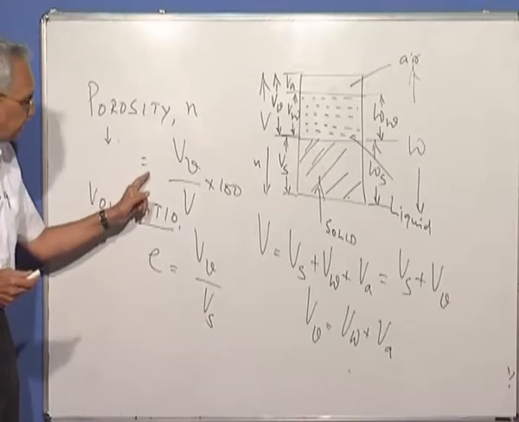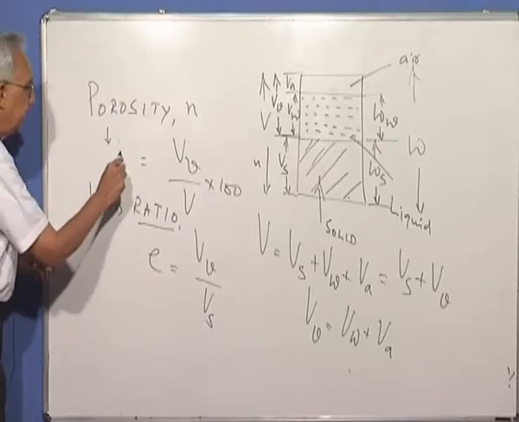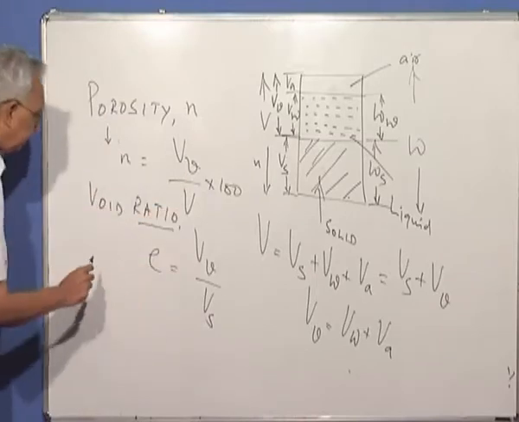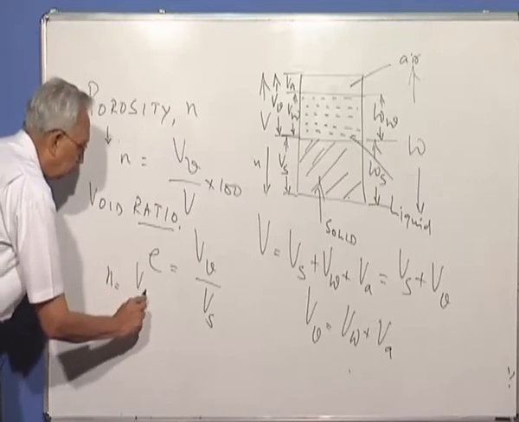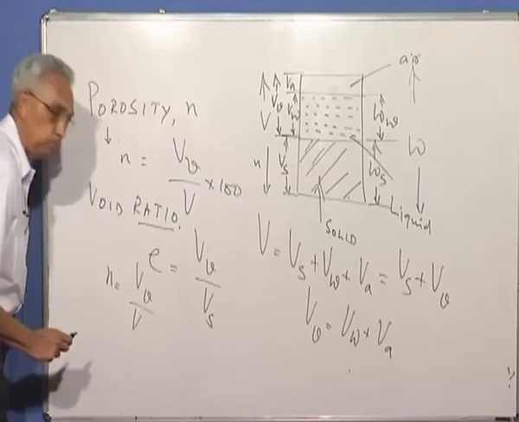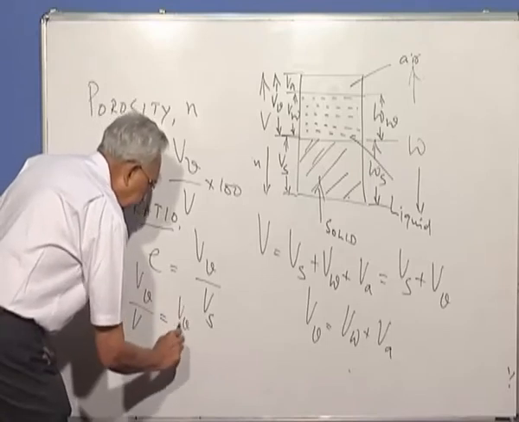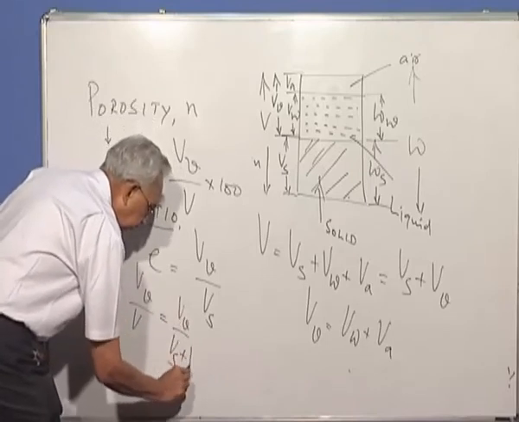Now, can you find a relation between porosity N and the void ratio? Let us see. N is equal to volume of voids by total volume. Then I write the denominator as volume of solids plus volume of voids.